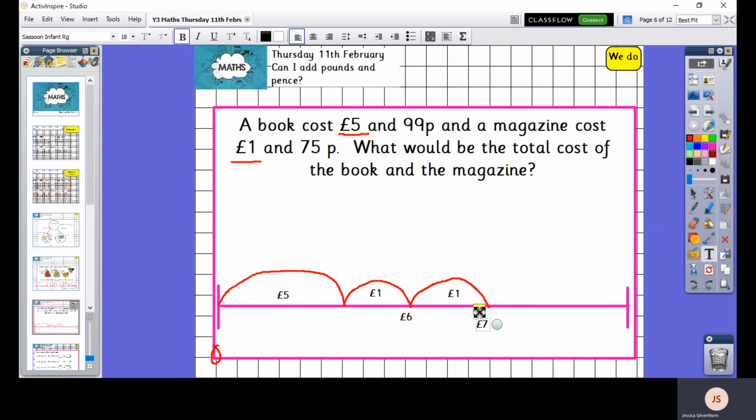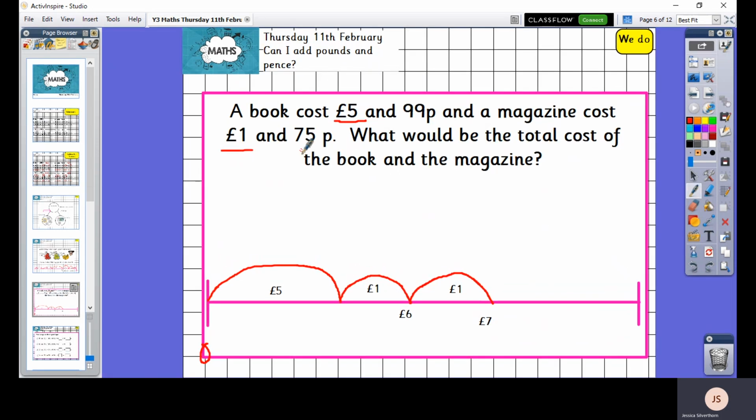And then I want to add on, not 75 pence, I could just add on 75. But I'm going to think about actually, well, I needed to take away 1 penny because beforehand I needed to add on 99 pence, but because it was so close to £1, I may as well have only added on £1. So instead of adding on 75 pence, I'm actually going to take 1 pence away because that's what I would have needed to do for the 99 pence and make it 74 pence.